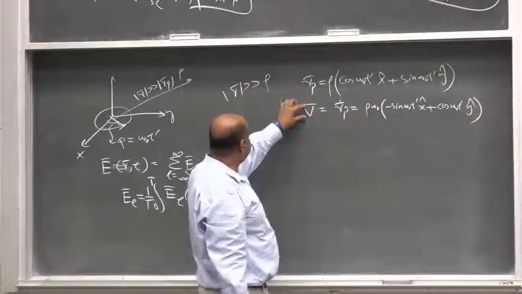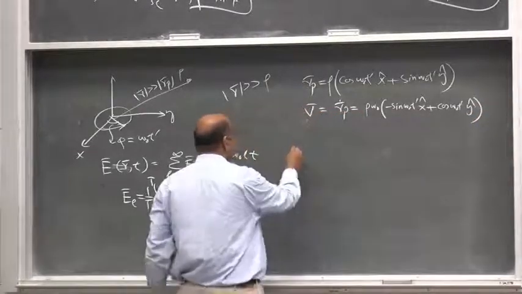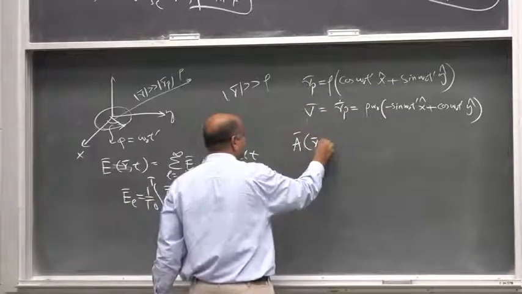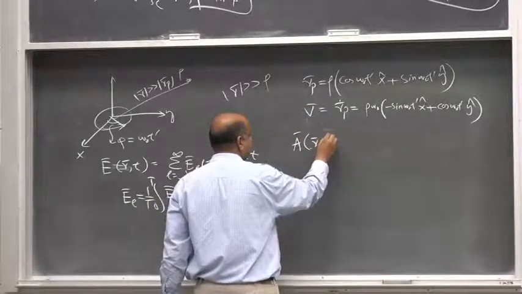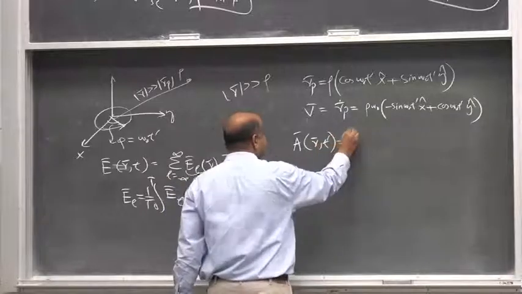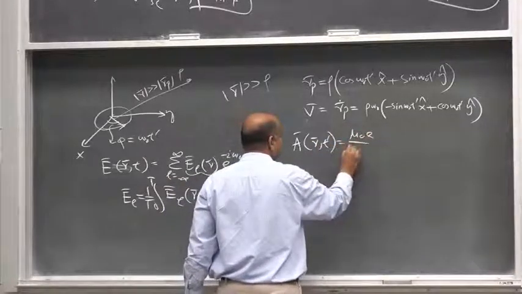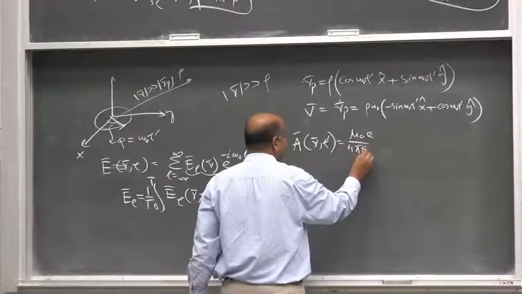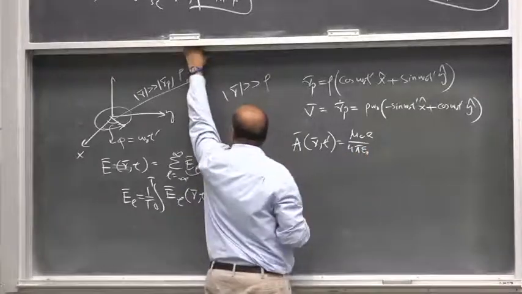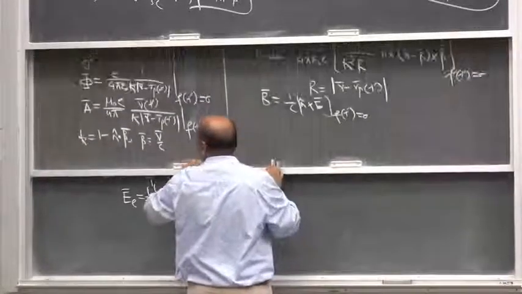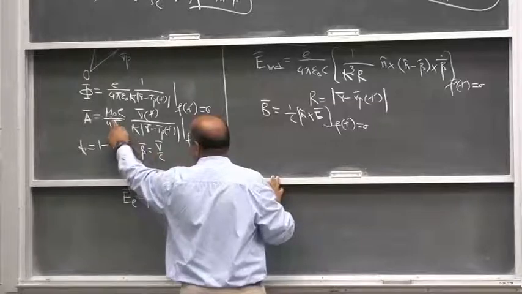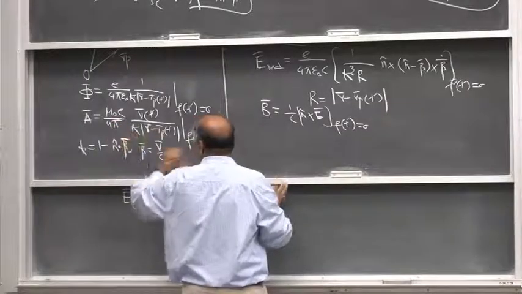Now we substitute this v and R_P into, let's say we do everything in t prime, mu naught e over 4 pi kappa.